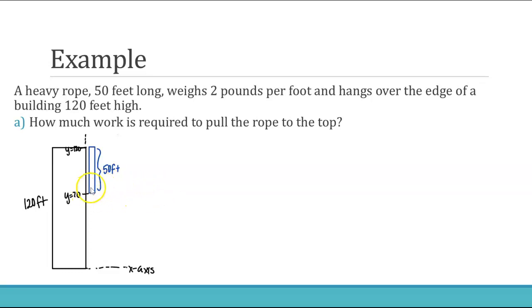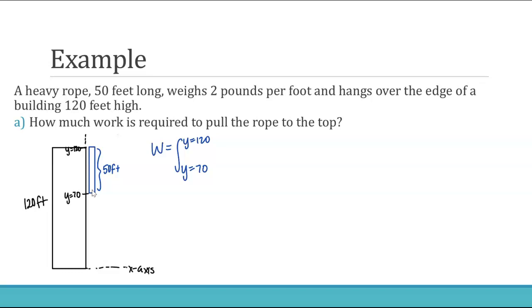So the limits of integration that I'm going to set up to calculate my work are going to extend from 70 to 120. Those are my limits of integration. They are measured in feet. They are a distance, and that's where the rope initially lies.